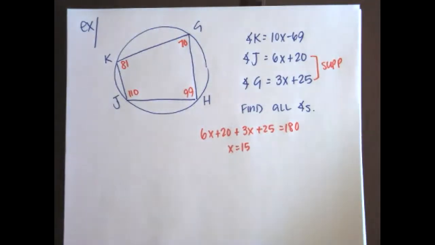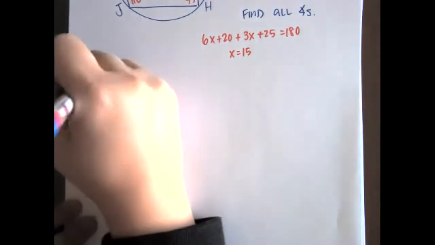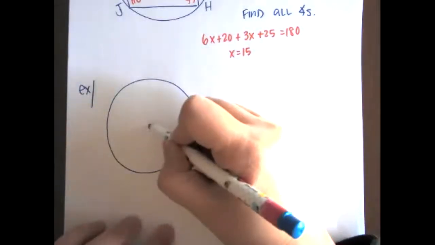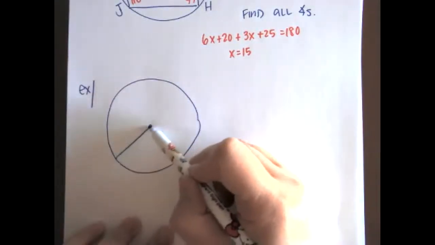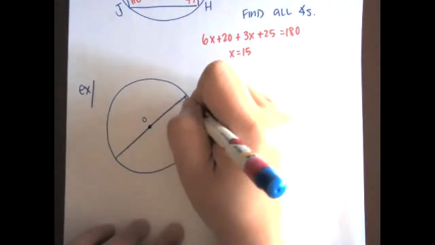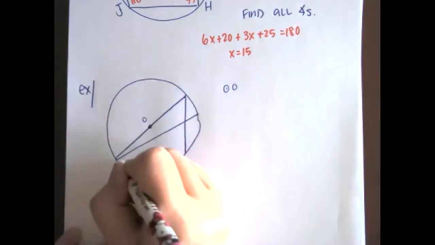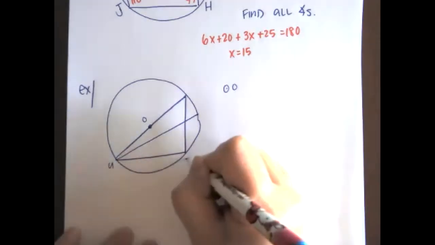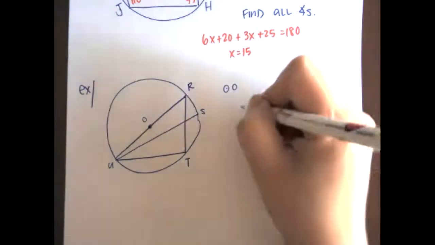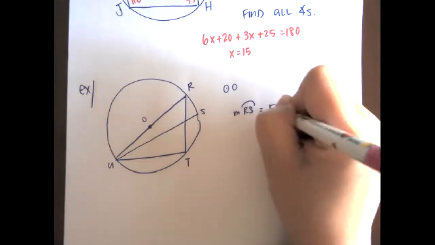Okay, our last example. This circle O. U, S, R. Arc RS is 50 degrees.